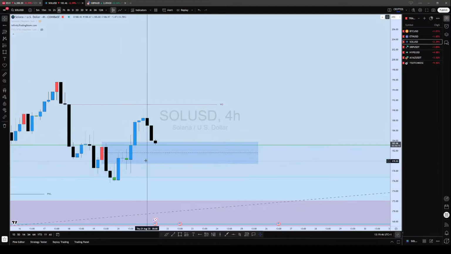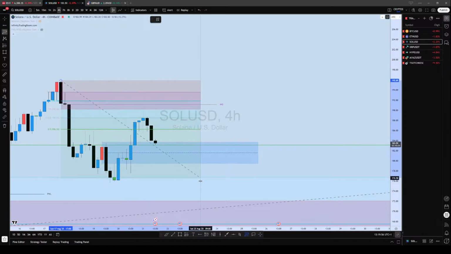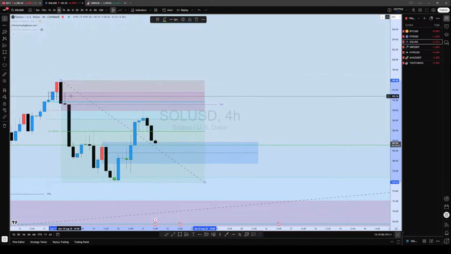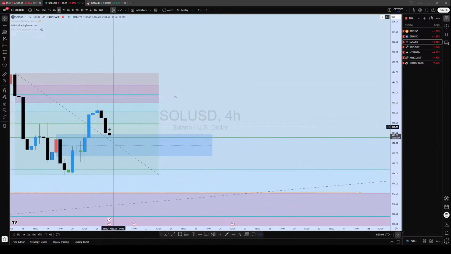So maybe we might come a little bit into this fair value gap and then price will go up, but it might not break this high, so we might be stuck for now inside these two ranges. But if we come here, then you can get a trade to go just there, and that's it. So if you like to trade any of the cryptos, this has a probability of going back up to attack this high.